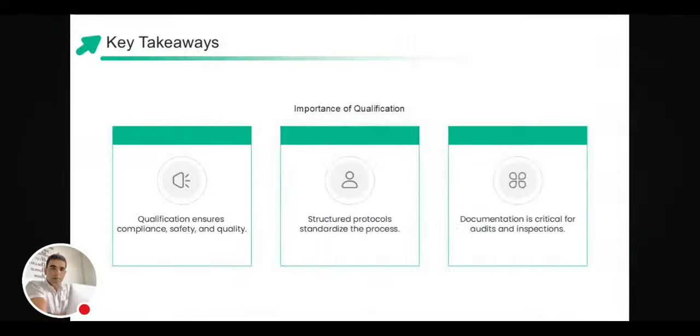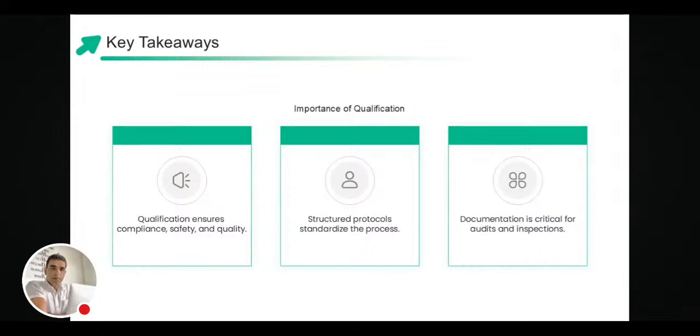In today's session, we explored the critical elements of equipment and instrument qualification in the pharmaceutical industry, a process that ensures equipment functions reliably, consistently, and in full compliance with regulatory standards. Here's a quick recap of the key takeaways. Qualification process: a systematic approach to verifying that equipment is suitable for its intended use and compliant with GMP requirements.